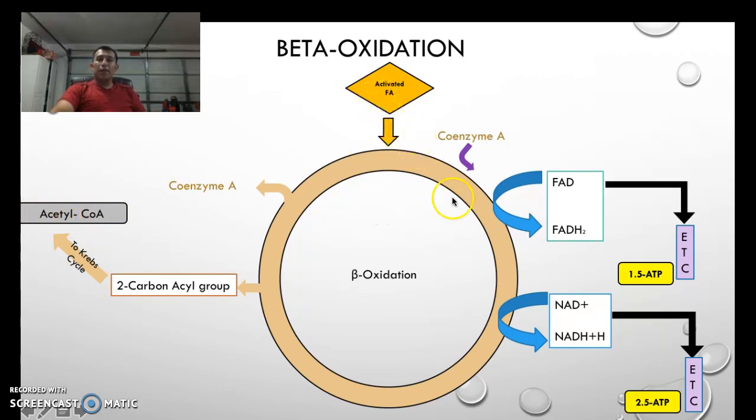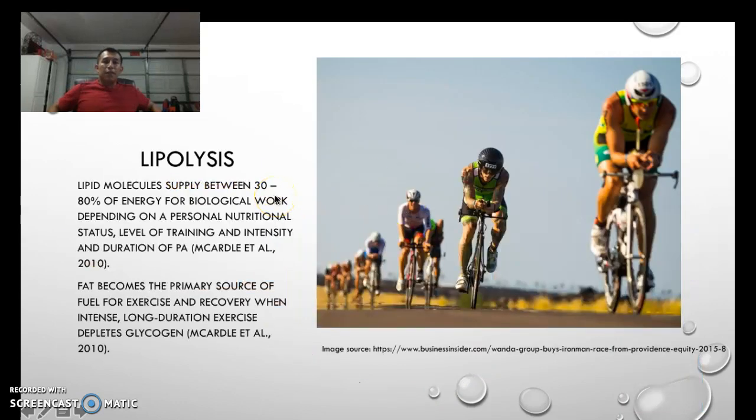And then here, it only goes around beta oxidation. Oxidation means oxygen, so to catabolize fat, oxygen must be utilized. Lipolysis gets utilized with 30 to 80% of the energy for biological work, and obviously this depends on a person's nutritional status, their level of training, and the intensity and duration of physical activity.